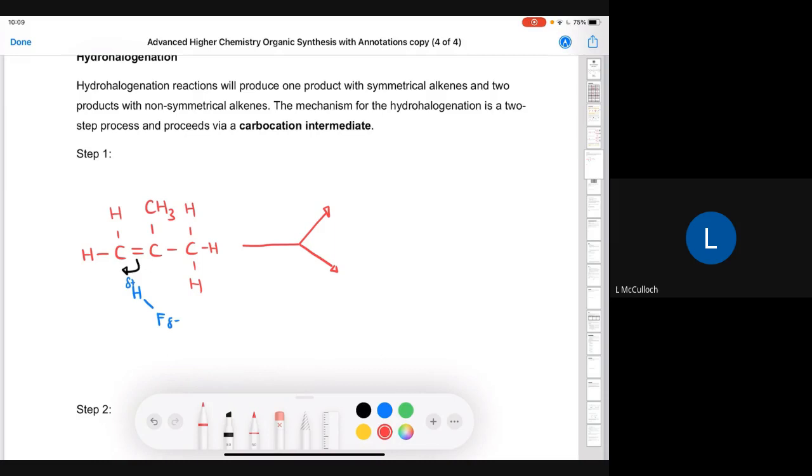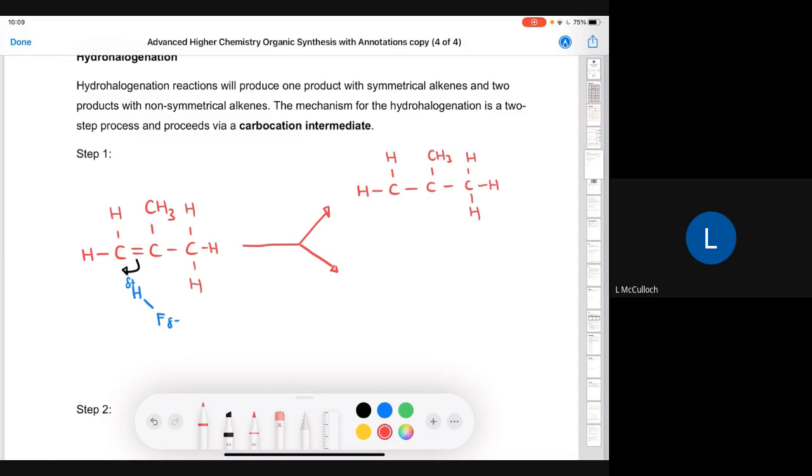Just makes it look a wee bit tidier. So again, I'm going to come back and color code this to try to make it a wee bit more obvious where the electrons are moving from and moving to. So at the moment it's all in red, but I am going to come back and go over some of it.